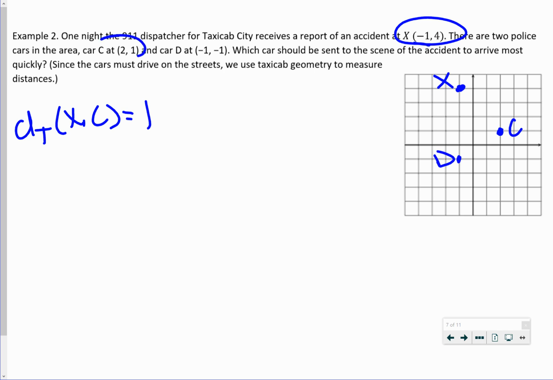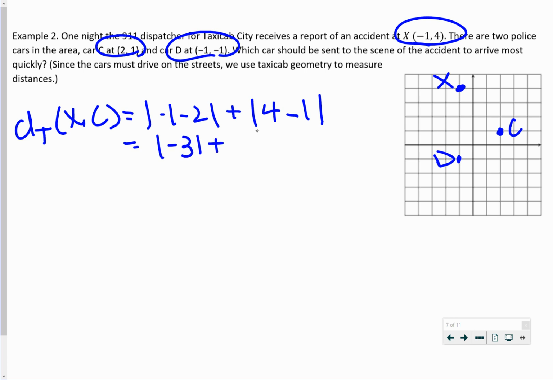So I'll have the absolute value of -1 minus 2 plus the absolute value of 4 minus 1. -1 minus 2 is -3, plus 4 minus 1, which is 3. So -3 becomes 3, plus 3 gives me 6. So car C is 6 units from the accident.